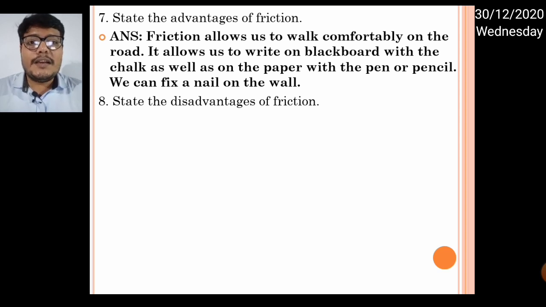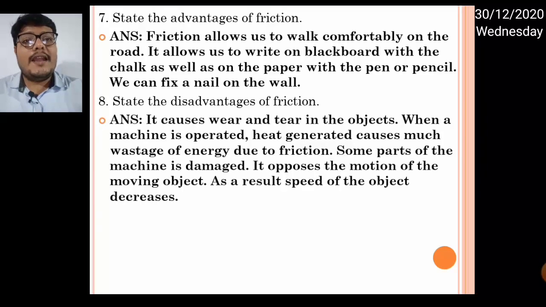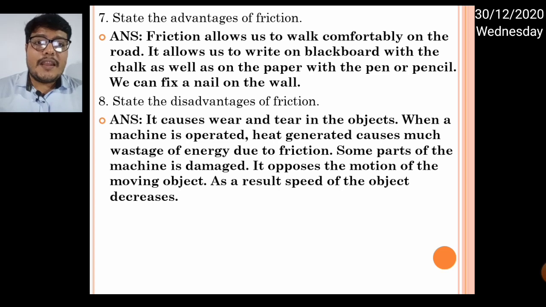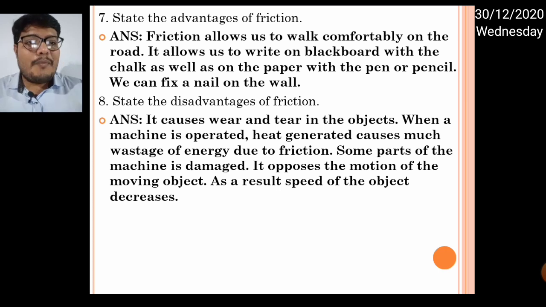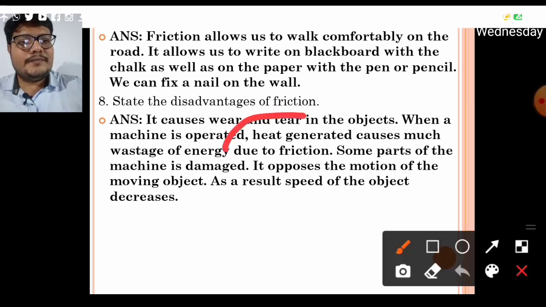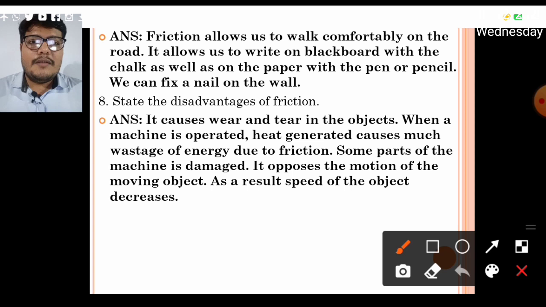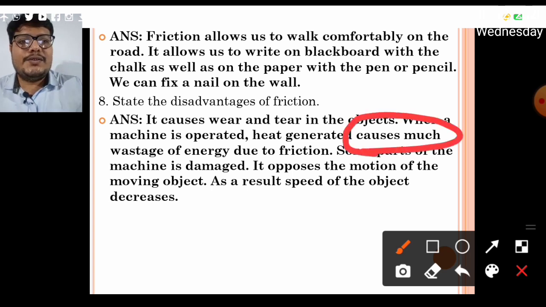Okay, see the next one, state the disadvantages of friction. Wear and tear first of all, right? It causes wear and tear in objects, meaning you are not able to use your shoes for a long time, like 10 years. They will get damaged because of friction. When a machine is operated, heat is produced, which causes wastage of energy.